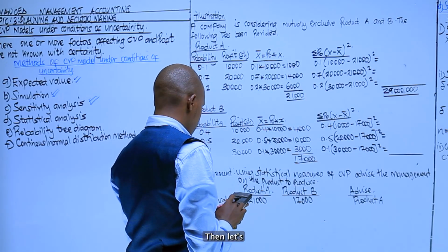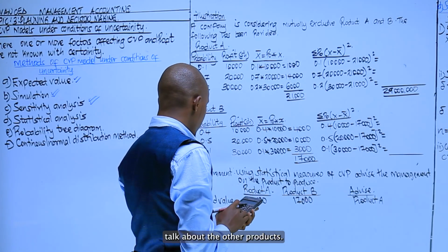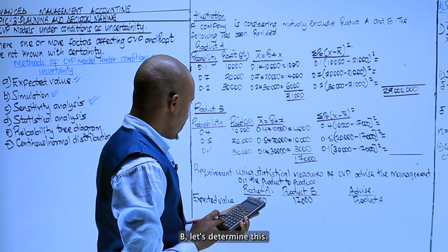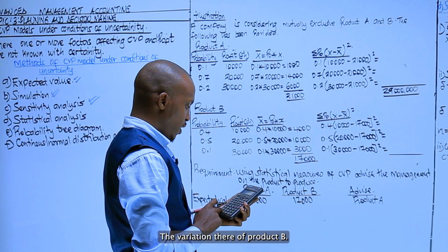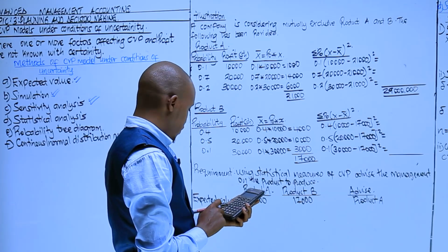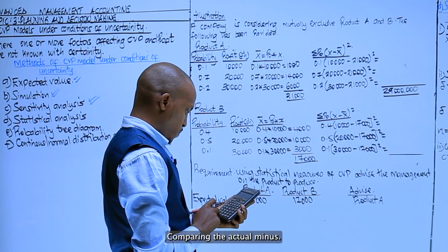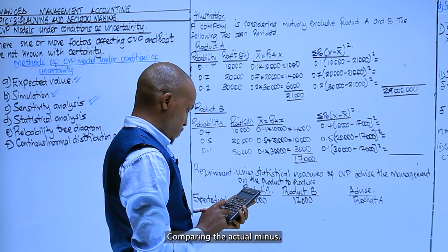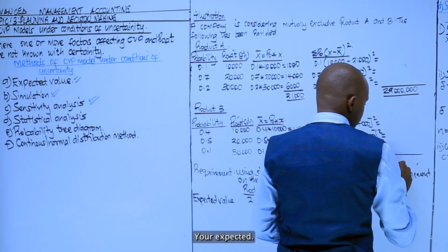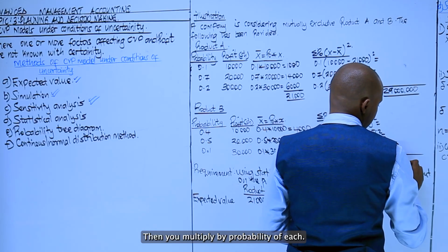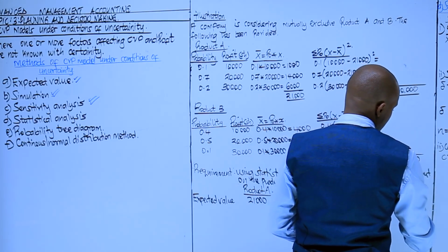Then let's talk about product B. Let's determine the variation of product B. We're still comparing the actual minus your expected, then you multiply by the probability of each. That is 41 million.